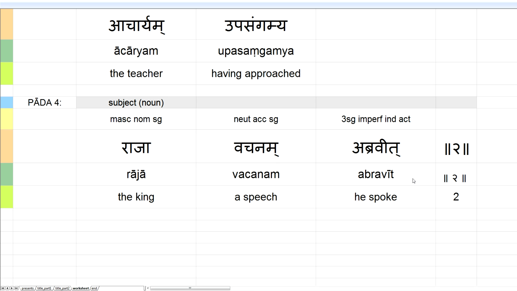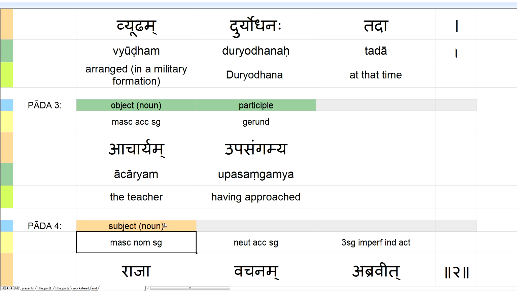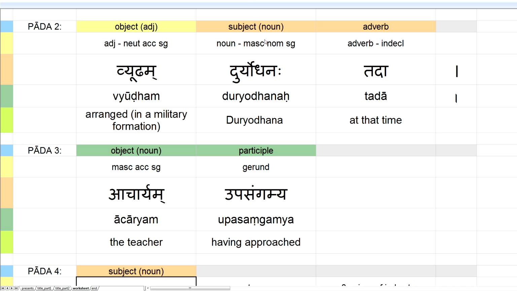It's a nominative once again, so it cannot be part of the previous participle clause. So it's a new one. But here I'm choosing this color again because we never had any verb in this one. We had a subject here but no verb.